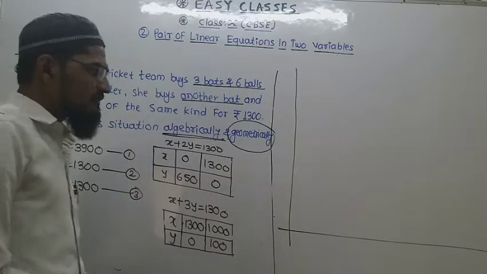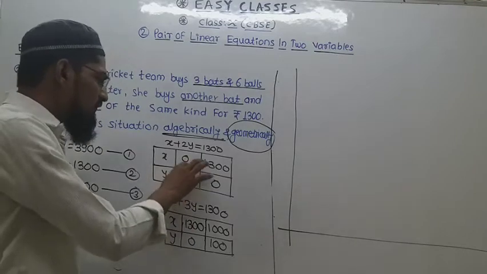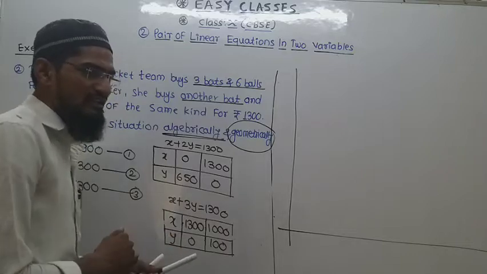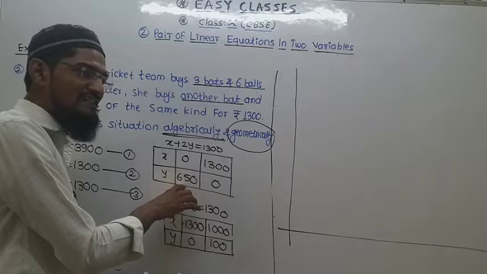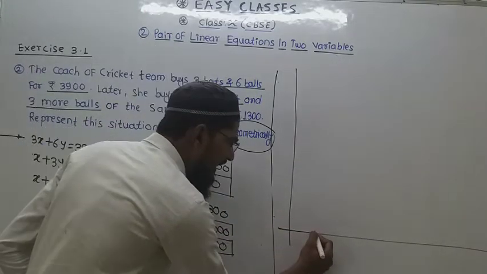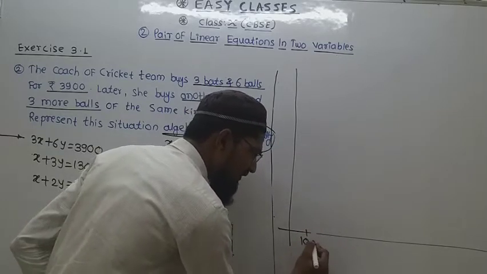So here we take a scale on both axes. On the y-axis we can take 100, 100, 100, and on the x-axis also 100, 100. Otherwise you can take 50, 50 on the y-axis, which is also convenient, but now I am taking 100. The scale is 1 centimeter equal to 100.